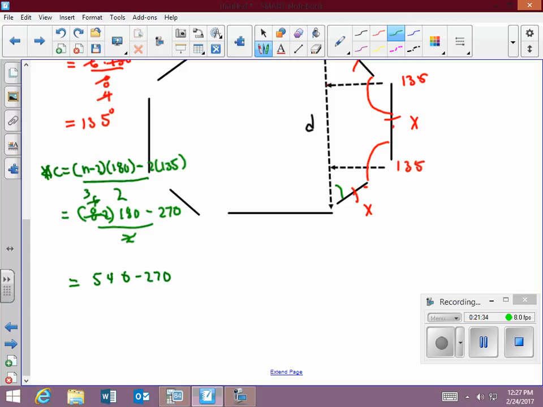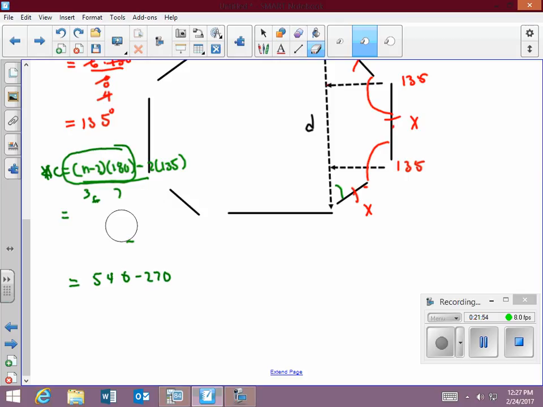This is the sum of the angles, right? No, it's 4 minus 2, because it's 4 vertices, 4 sides.